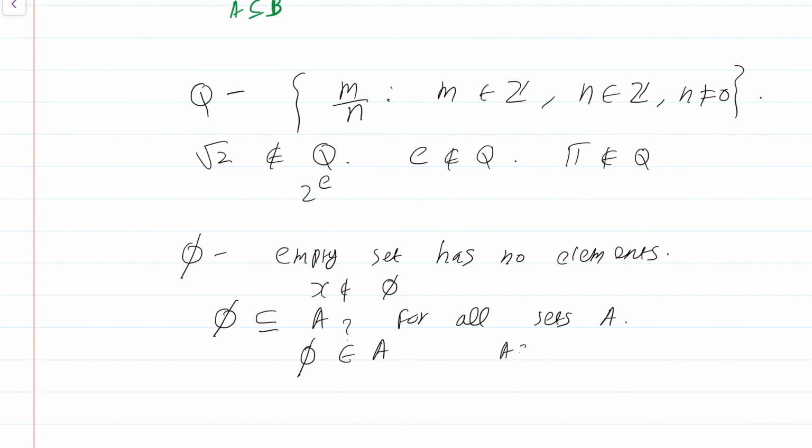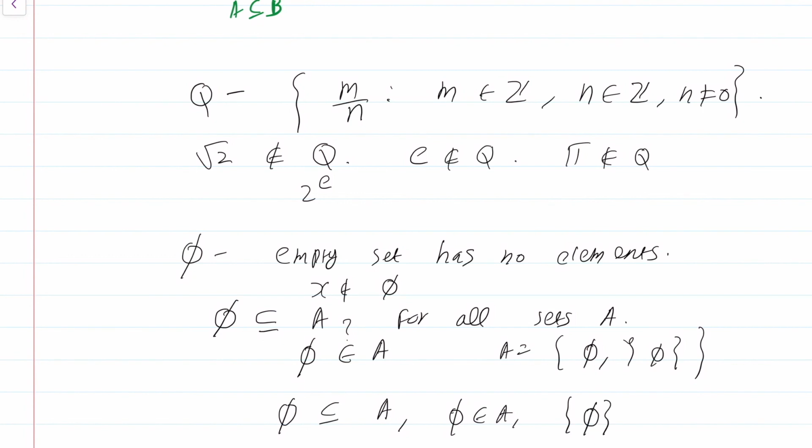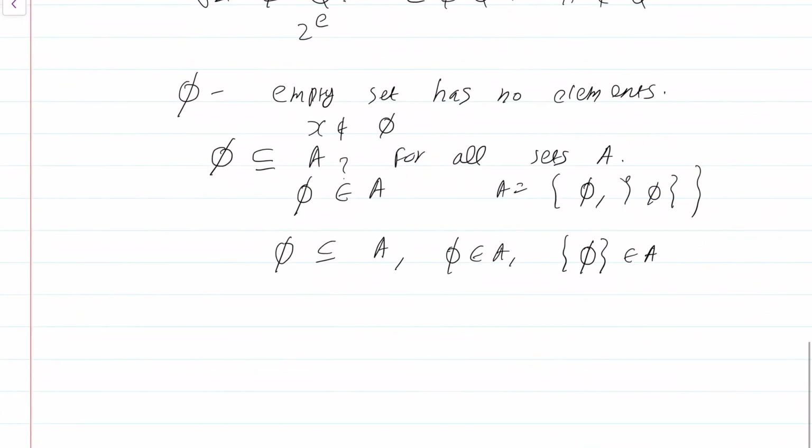For instance, if the set A looks like this, phi, comma, set with phi. Again, I'm making the same mistake. Set with phi. Then phi is a subset of A, phi is an element of A, and the set with phi is an element of A. Not only that, the set with phi is also a subset of A. So this is a very interesting and extremely comical situation.